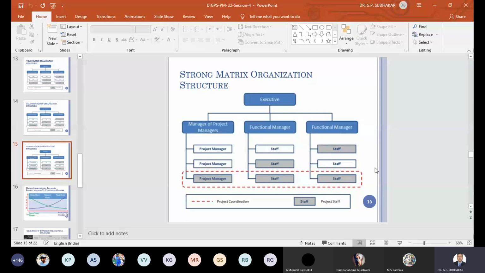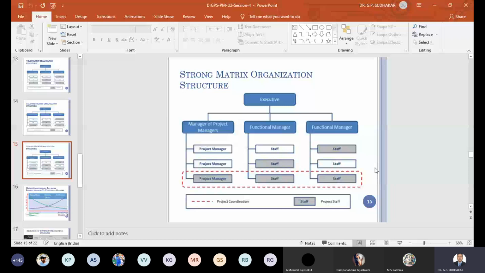Each project manager under the manager of project managers takes care of their own project, and all team members report to the project manager and also to the functional head. Here the project manager will have more control than in the weak matrix or balanced matrix organization structure. The project manager's authority, including resource authority, will be higher in the strong matrix organization structure.